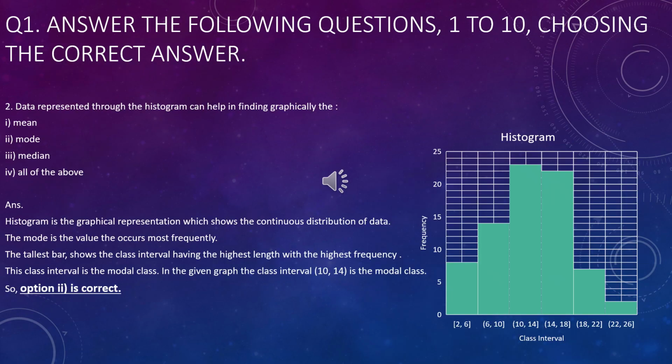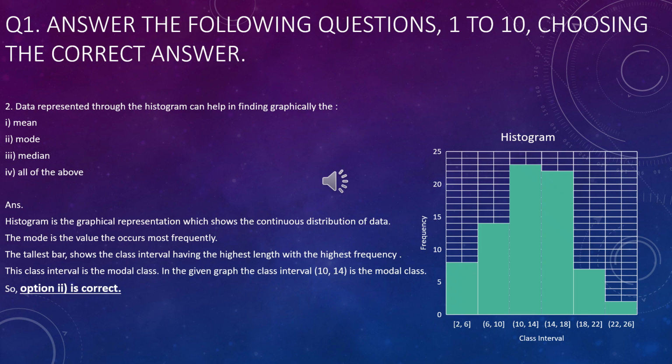The next question is: data represented through the histogram can help in finding graphically the, and the options are mean, mode, median and all of the above. For this answer we will have to understand what is a histogram. A histogram is a graphical representation which shows the continuous distribution of data. The mode is the value that occurs most frequently.